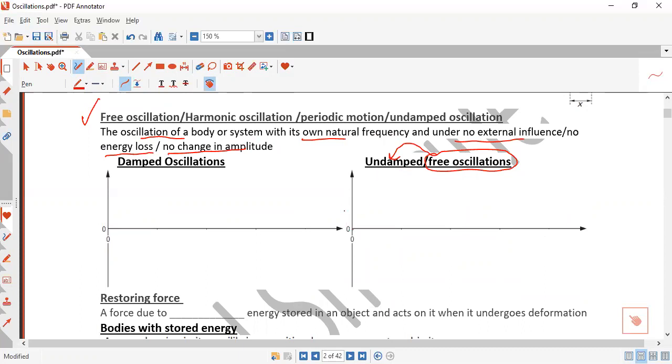It is going to look like this. So there is no change in amplitude basically, right? No change in amplitude.